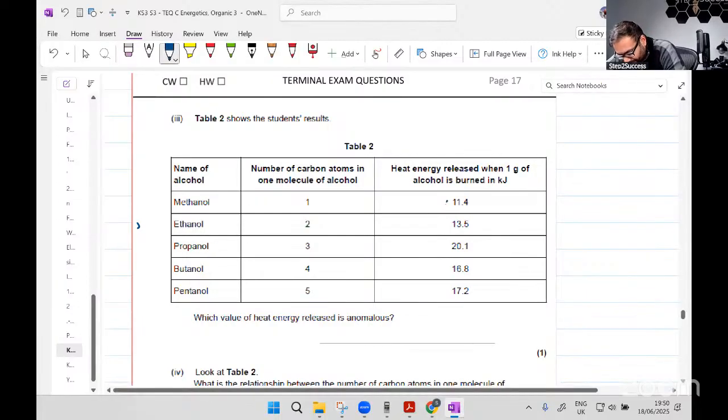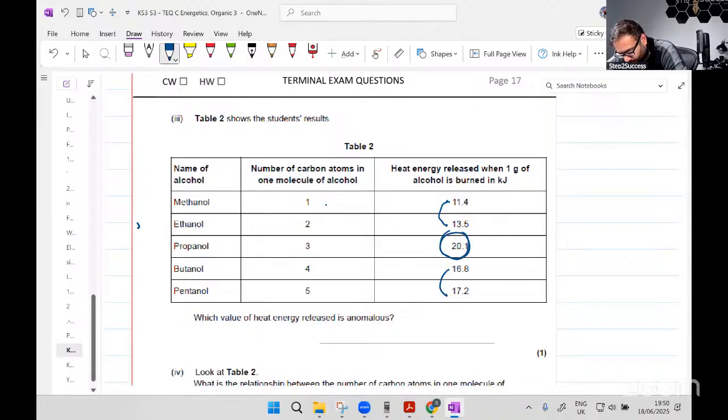It's going up by a couple and it's going up by a little bit. This seems to have gone up by way too much. It's just out of place, isn't it? Because we're going up 11 to 13 and then 20 and then it's going down again. That seems out of place. It doesn't seem to fit the pattern. It's way too high. So that's the value that we want to put there.